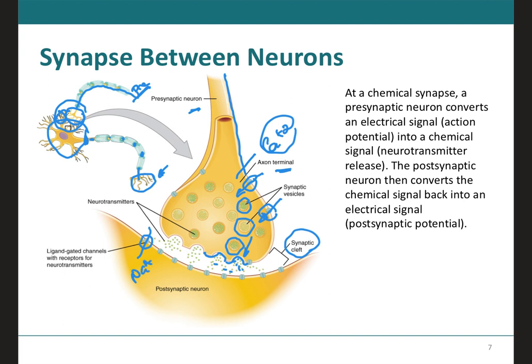What binds to the ligand-gated channels are the neurotransmitters. If enough sodium comes in, it will start to depolarize this membrane. If enough sodium comes in on this postsynaptic neuron, it will reach the trigger zone right over here, and then cause the depolarization of the postsynaptic neuron. So this is how the synapse occurs.